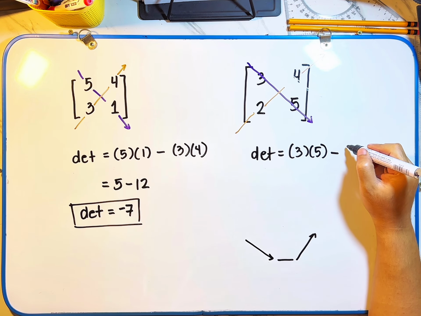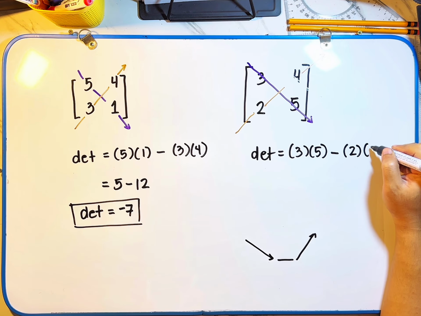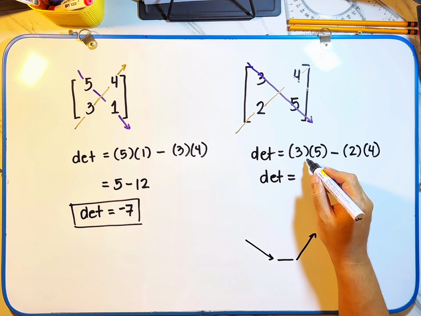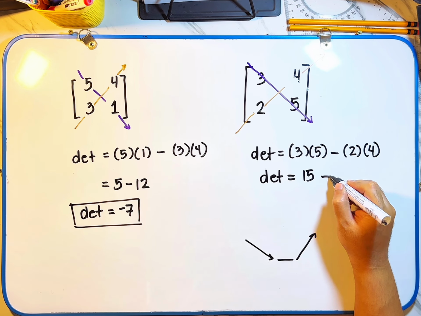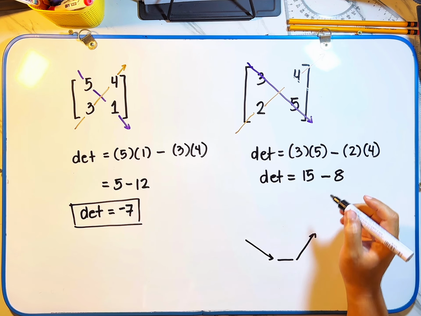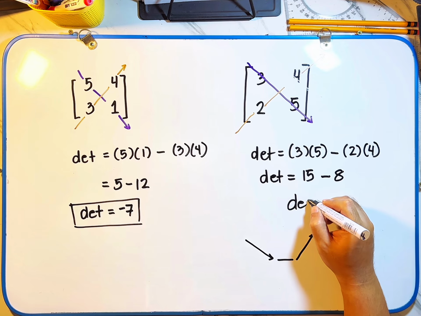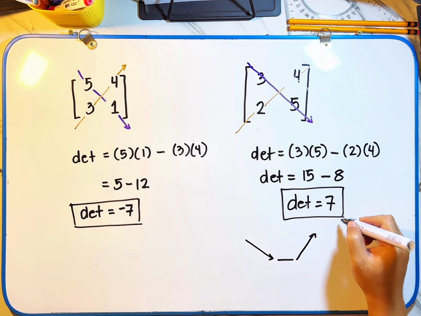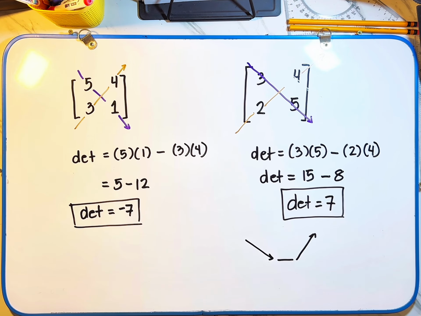Therefore, this is equal to 2 times 4. Let's proceed. Determinant is equal to 5 times 3 is 15 minus 2 times 4 is 8, and 15 minus 8 is equal to 7. Solving for the determinant of 2 by 2 matrices is quite simple.